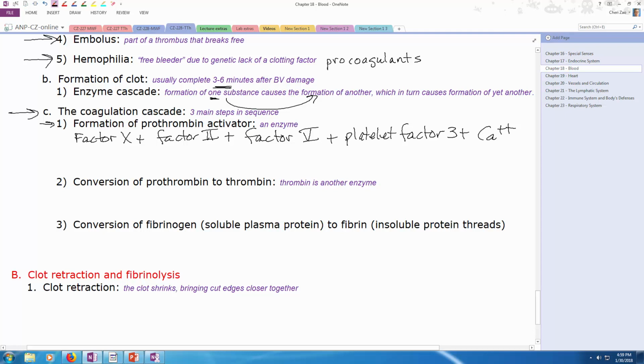All have to come together in your bloodstream in this area and work together to create prothrombin activator.